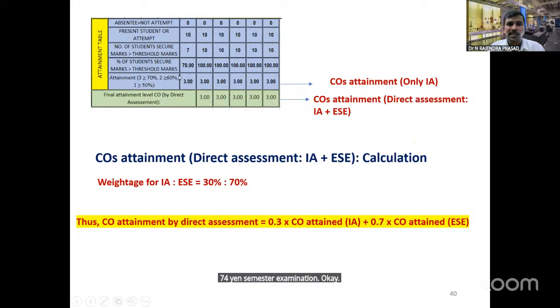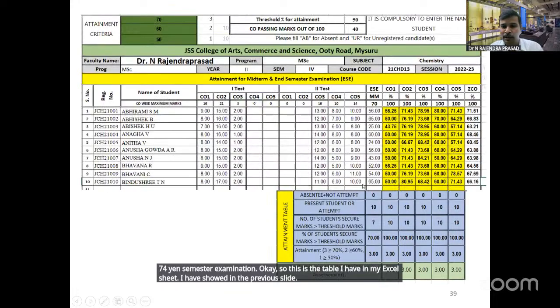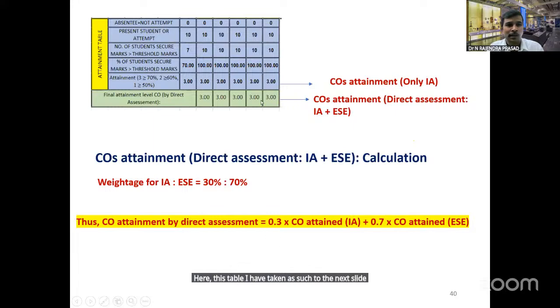Okay, so this is the table I have in my Excel sheet. I showed it in the previous slide. Here, this table I have taken as such to the next slide. So attainment is 3 in the end semester examination, and all 5 COs have attainments of 3.